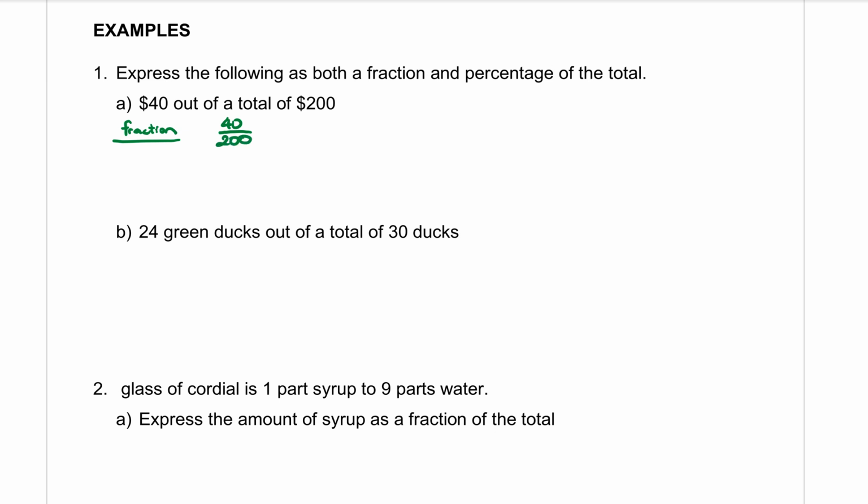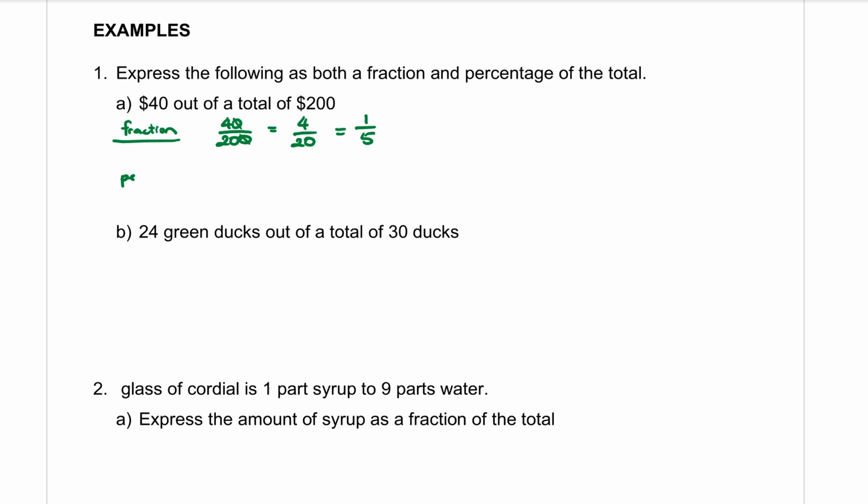Okay, so that already is a fraction, but we just need to simplify it. So I could divide the top and bottom by 10 to cross off those zeros. So that gives me 4 out of 20. And then I could divide each of those numbers there by 4, giving me 1 out of 5. Okay, so 40 out of 200 is the same as a fraction of 1/5.